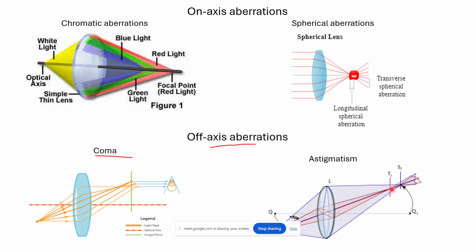These two different focus points of the tangential and sagittal lines make two foci, S1 and T1. Our aim is to make these two focus points quite close to each other, such that we get one focal point, and as a result the astigmatism will be reduced and we can get a good quality image.